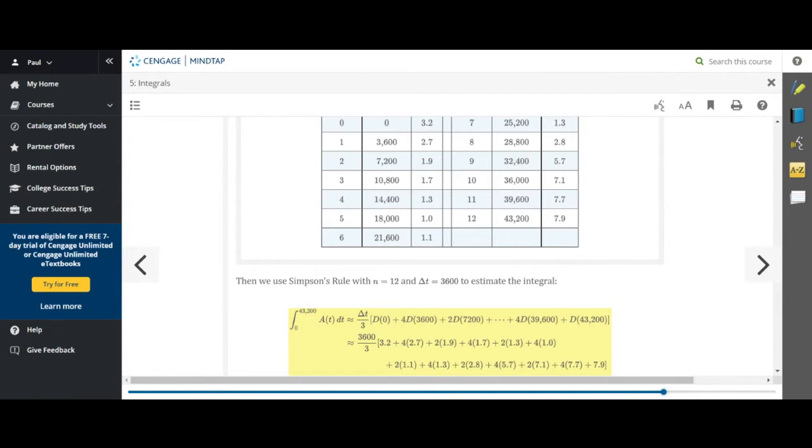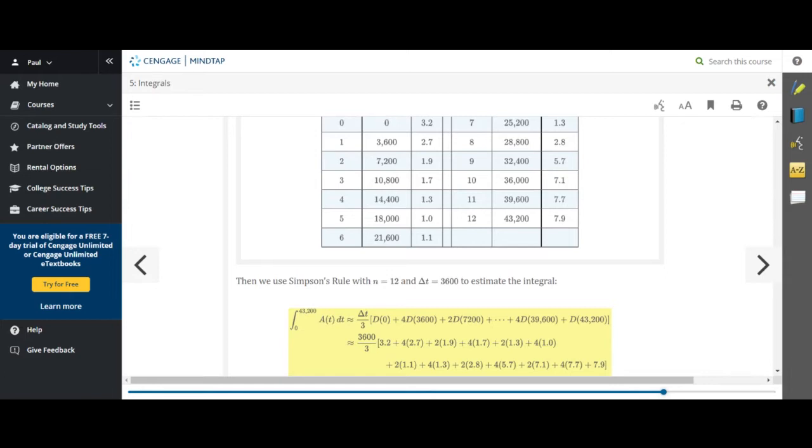Of course the formula is given in the textbook. In the formula, like 3,600 divided by 3, the delta t is 3,600, because 1 hour is 3,600 seconds. The d sub 0, you start off with 3.2 megabytes per second at midnight.